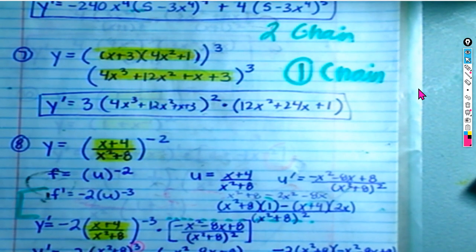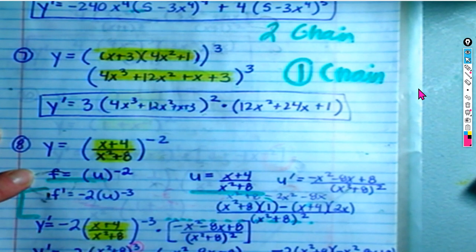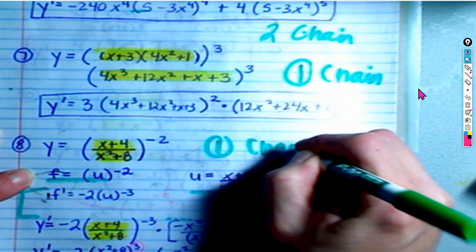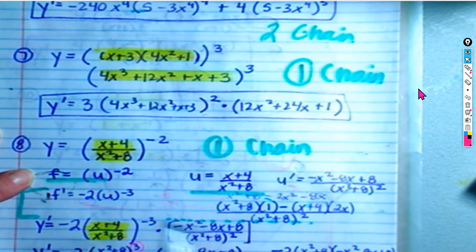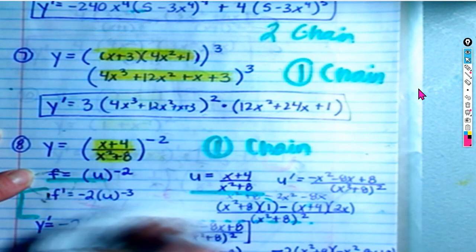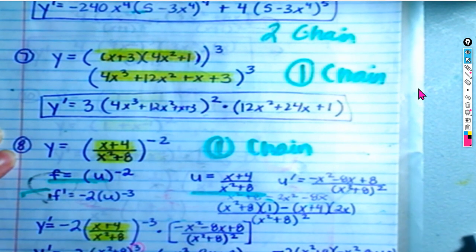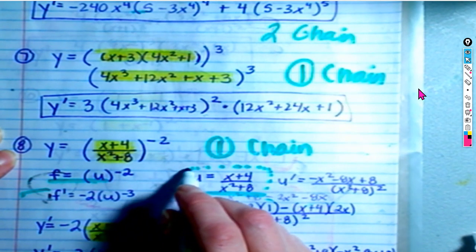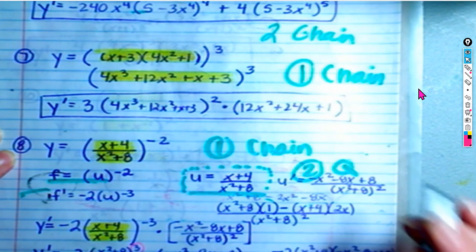Look at what I set up first. I set up the U sub first. That means the first thing I did was chain. Drop the power, subtract 1. The second thing I did was when I was looking at this part, that's where I did the quotient rule.